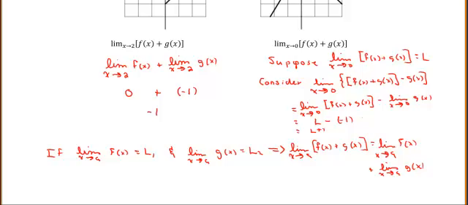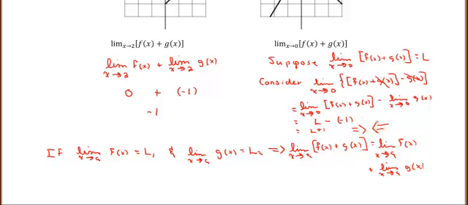All right, but if we simplify, this would simply be the limit of f of x. So the limit of f of x would be L plus 1. The limit of f of x would exist. That's a contradiction.